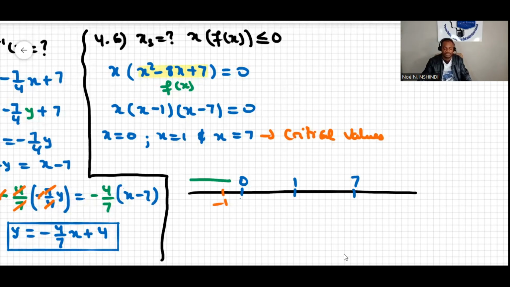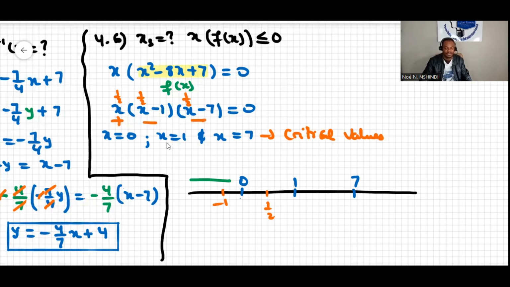Now let's move on. In the interval between 0 and 1, I pick a random number like a half. I substitute a half in each factor. A half is positive, a half minus 1 is negative, and a half minus 7 is also negative.